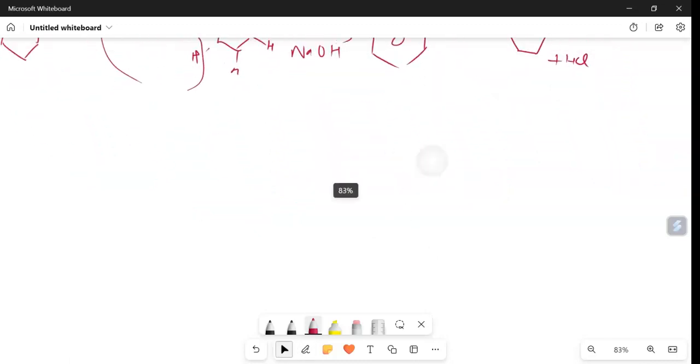Then we have a few more reactions like the condensation reaction.